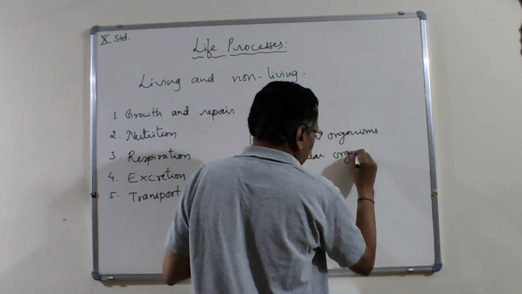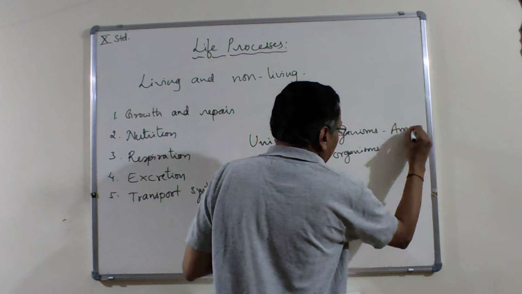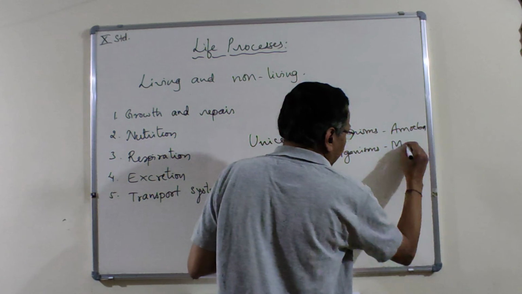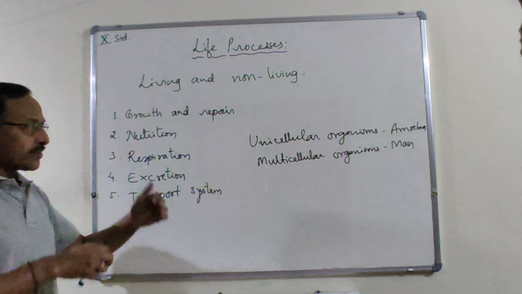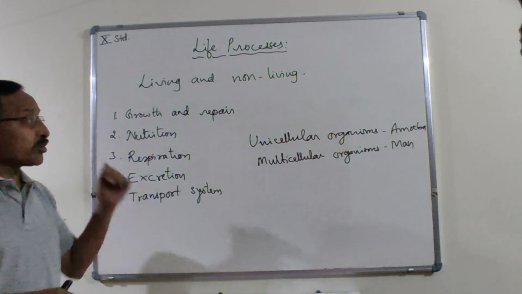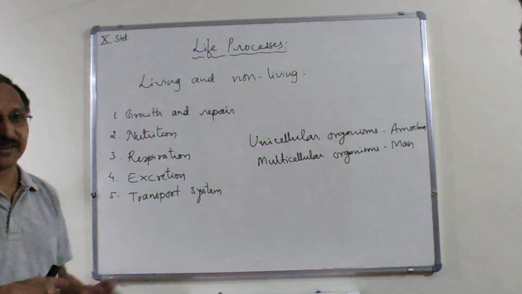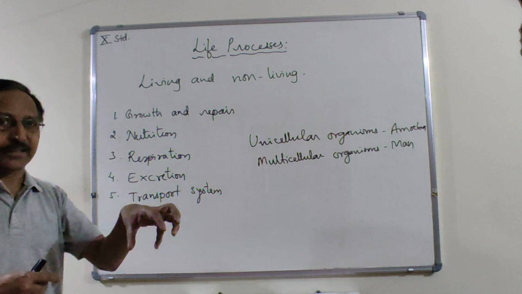And let us discuss all these one by one. Alright? I will be discussing all these processes. We call them as systems, organ systems, because in a multicellular organism, there are a set of cells.